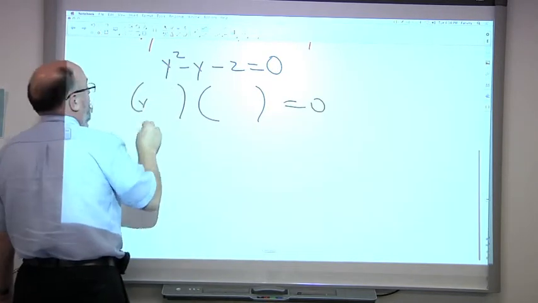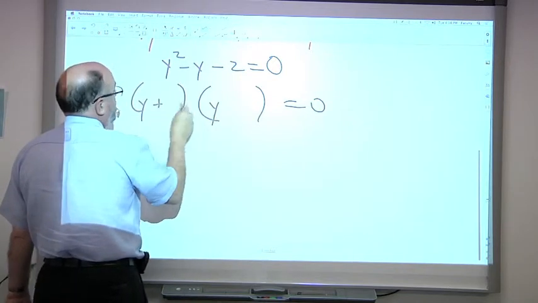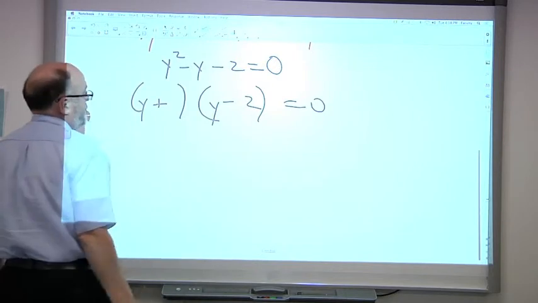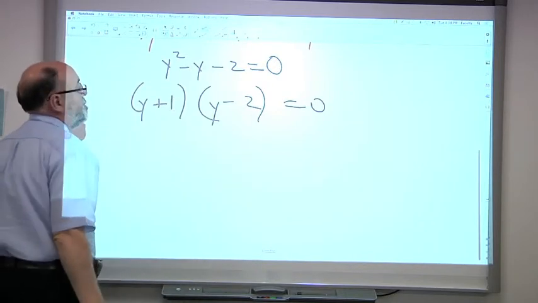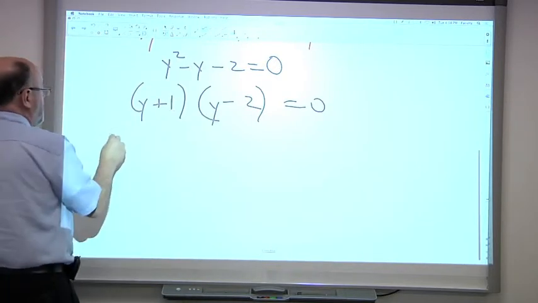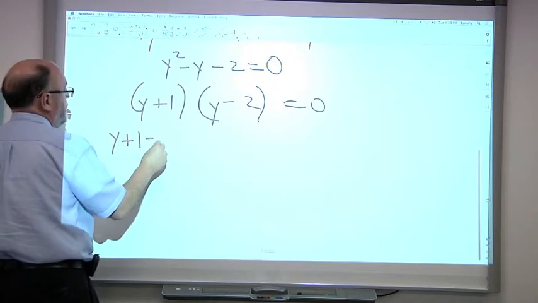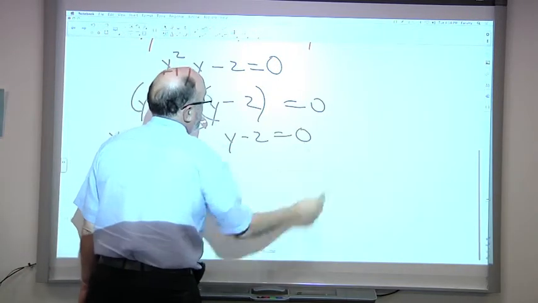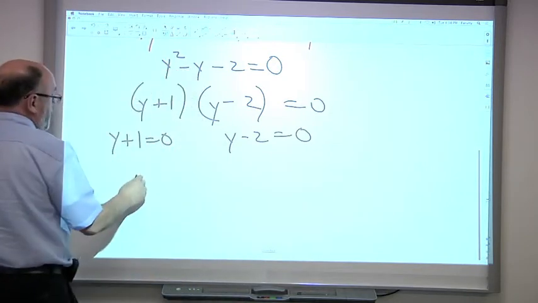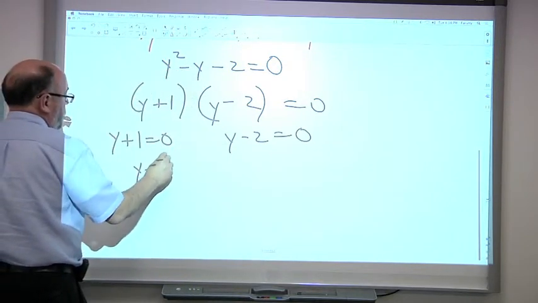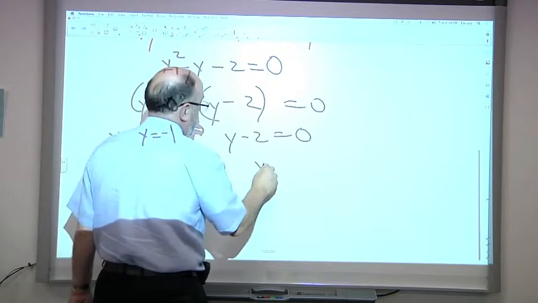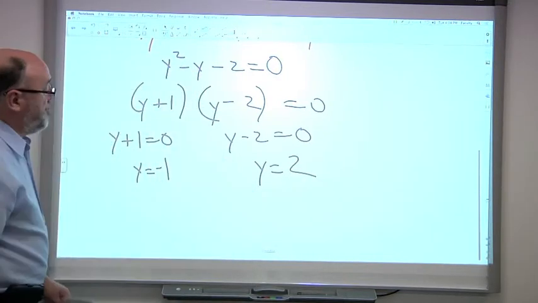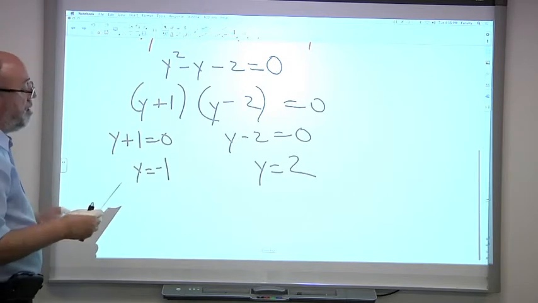So we get a y and a y, we get a plus and a minus. There's only one combination. So we get that, which means either y plus 1 equals 0, or y minus 2 equals 0. So we get y equals negative 1, or y equals 2. So we know where we're going to integrate from.